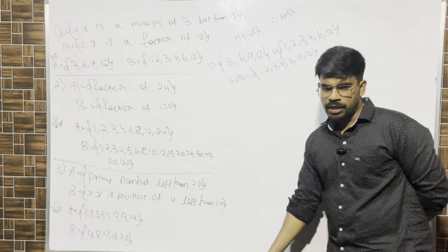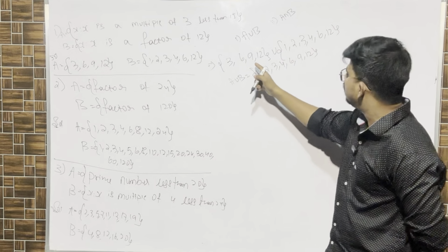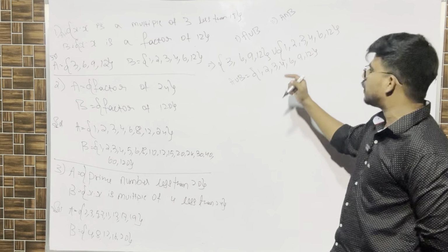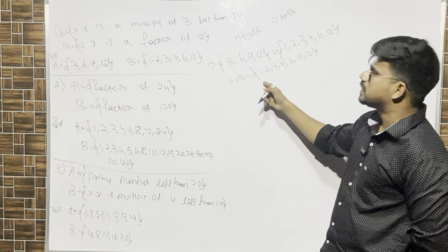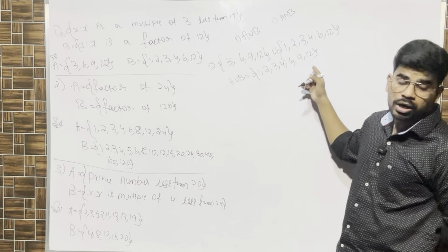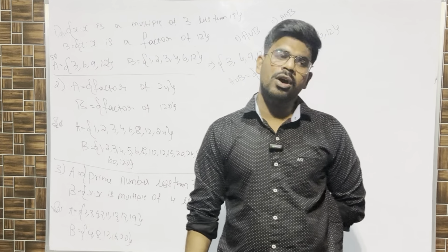In A union B, 3 is repeating 2 times; we have to write it only once. And 6 is repeating 2 times; we write it only once. Apart from the common terms, we include all the terms in the first set and all the terms in the second set. Common terms only once and all the remaining terms.